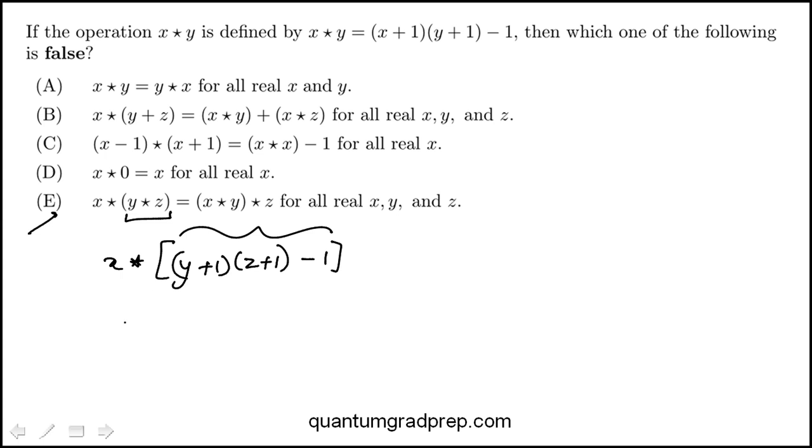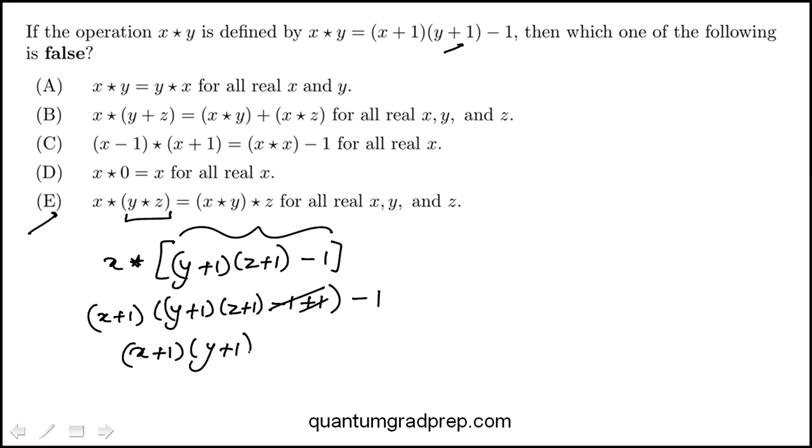So that's going to become x plus 1 times y plus 1 z plus 1 minus 1. And then I have a plus 1 and then minus 1. So these two would drop out. I would get x plus 1, y plus 1.